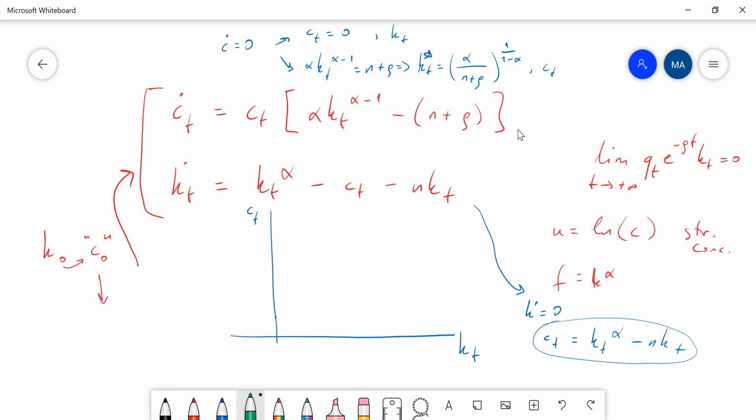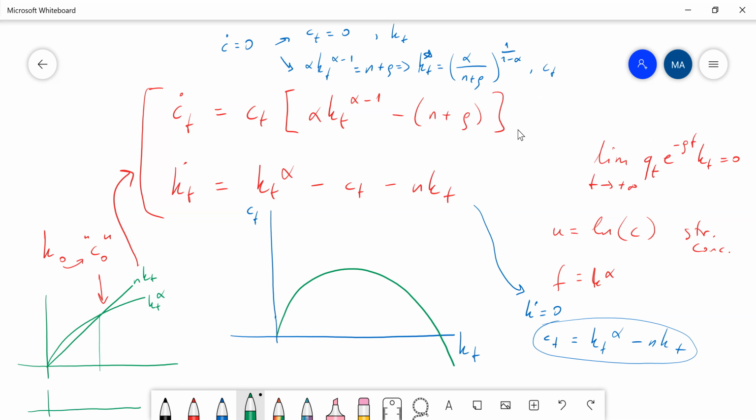So you have something like this for K dot, right? Because you have this and this. This is NKT, this is KT to the alpha. The difference between them would be something like that. Okay?